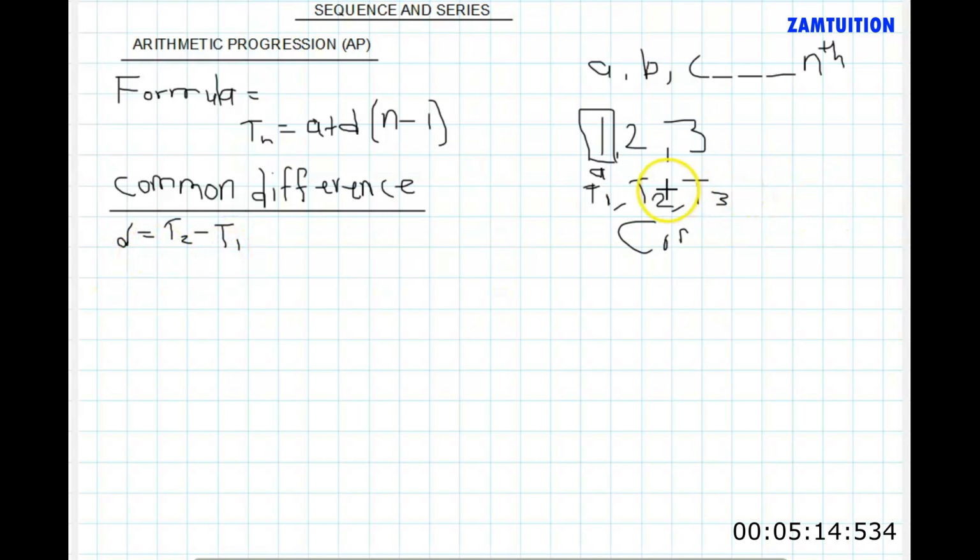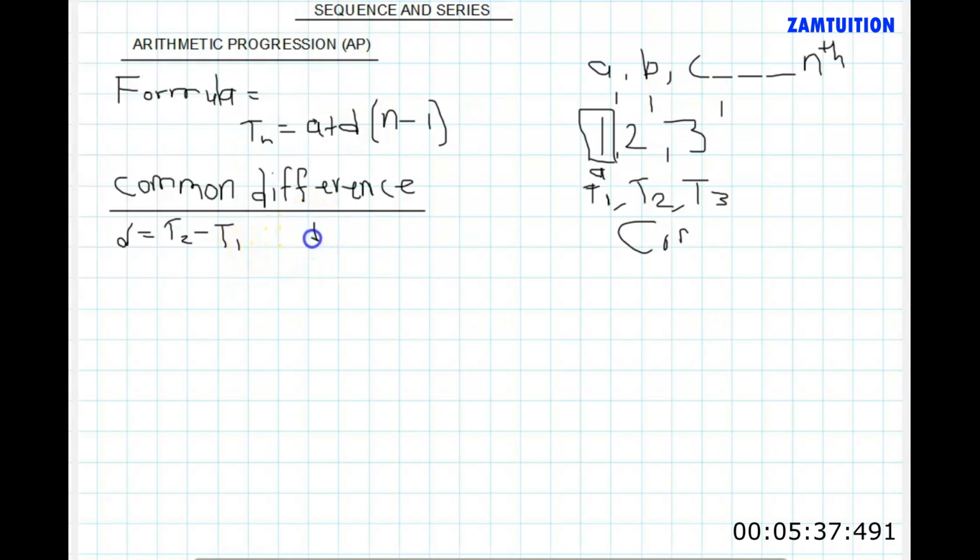Term 2 minus term 1, meaning this term take away this term, we're going to have 1, meaning 1 is our difference there. So each number has got a difference of 1. From 2 to 3, there is 1. From 3 to the other number, there will be 1. So that's a common difference.